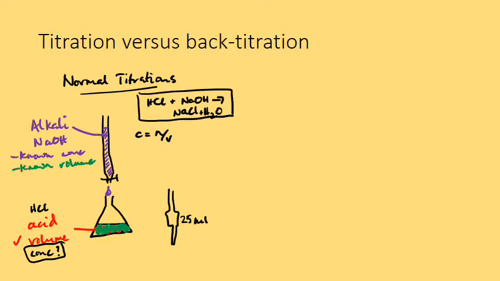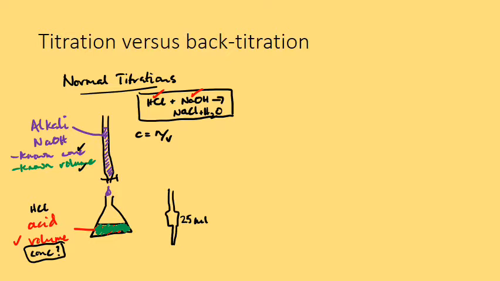What you know is that because you know the concentration and you know the volume of your alkali, you know the number of moles of alkali, and then if you know the number of moles of alkali, then you know the number of moles of hydrochloric acid when you get to neutralization.